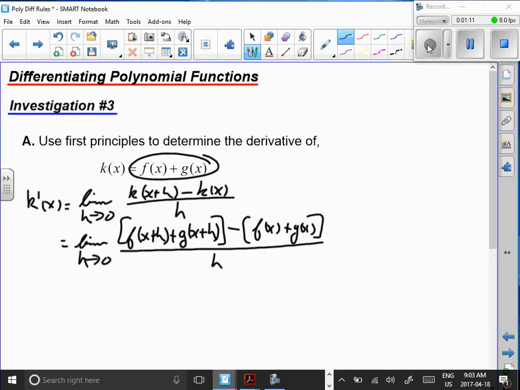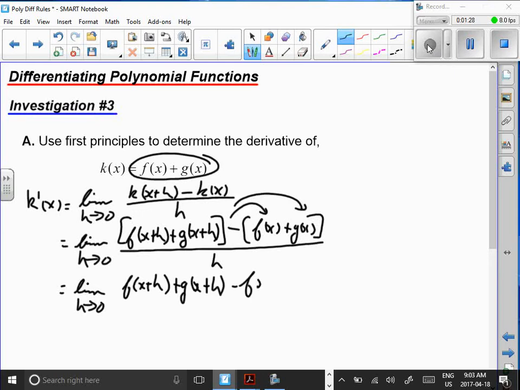Okay, the square brackets only hold weight here. We can multiply the negative in. So we have the limit as h approaches 0 of f at x plus h plus g at x plus h minus f at x minus g at x all over h.